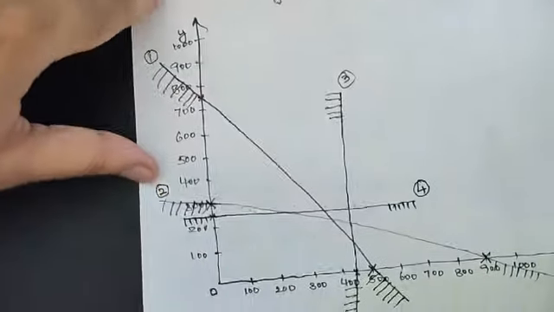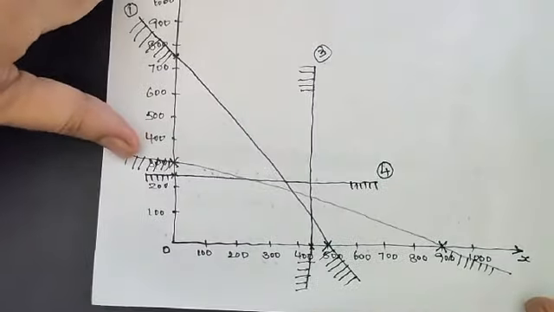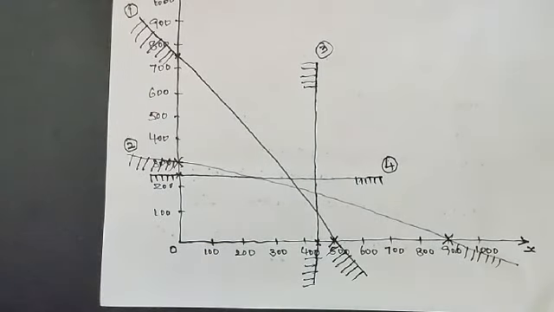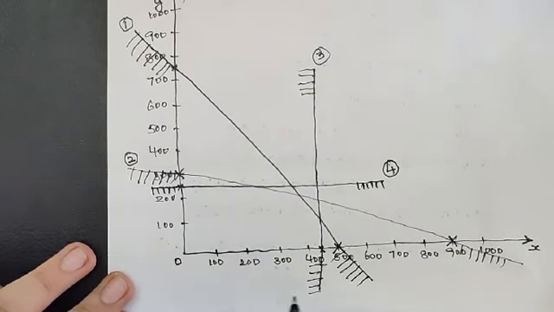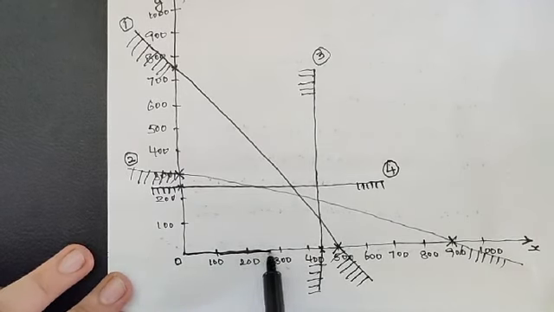Now we need to identify the common feasible region. So how to identify the common region for the 4 constraints? Now I am starting from the origin point. So I am moving in this way. There will be no problem. And again I have a doubt whether I need to move forward or move upward.